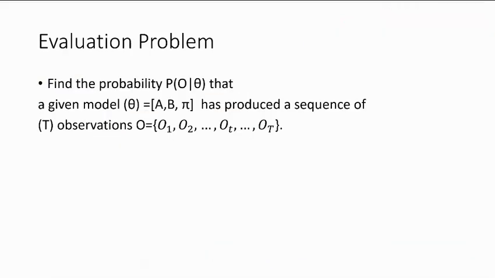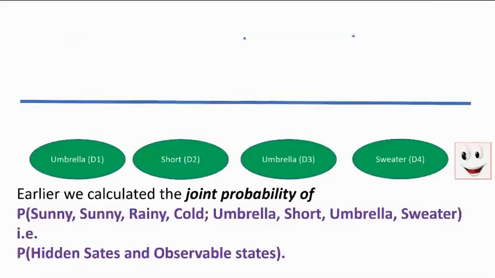Now we will deal with the evaluation problem: find the probability that a given model theta has produced a sequence of observations O1, O2 up to OT. So the length of the observation sequence is capital T.